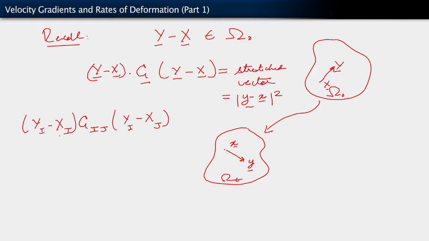Y minus x being a vector in omega naught, of course, admits uppercase indices. So C also had better have uppercase indices, for all of this to work out.